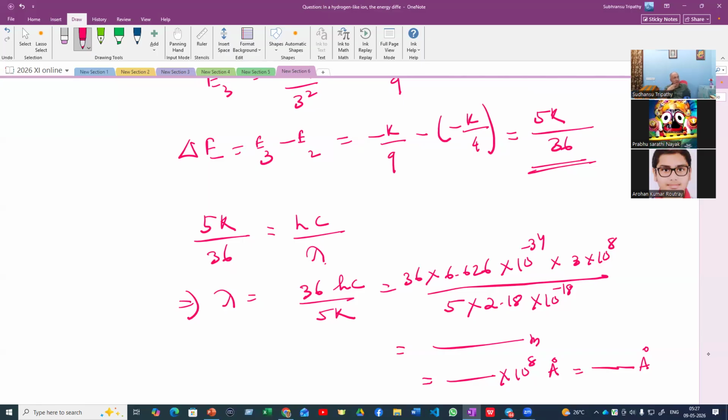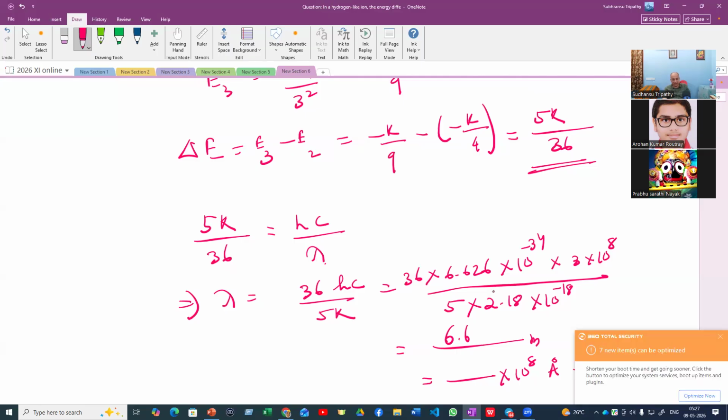So how much did you get? Sir, 6565 angstrom. Finally, in angstrom, how much? 6565 angstrom. And which region does it belong to? Sir, the visible rays.